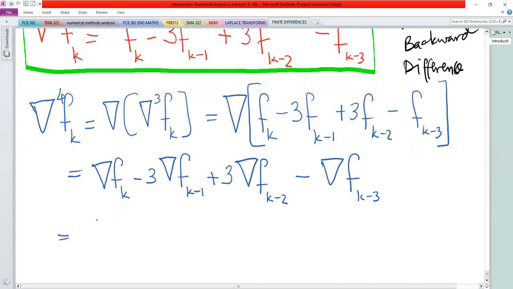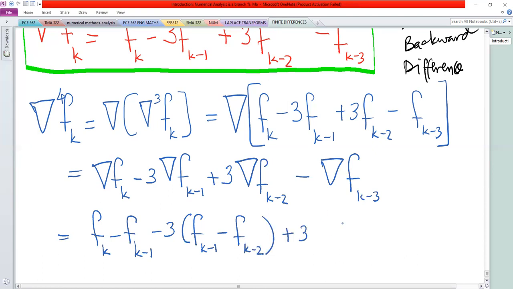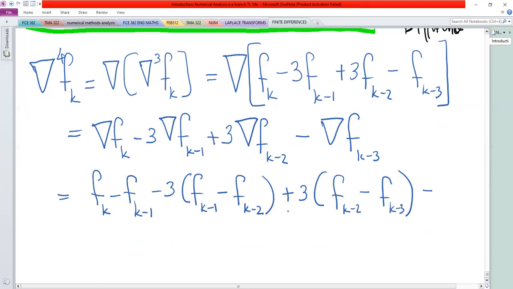So which will be, this by definition will be fk minus fk minus 1, minus 3 into fk minus 1 minus fk minus 2, plus 3 into fk minus 2 minus fk minus 3, minus fk minus 3 minus fk minus 4.